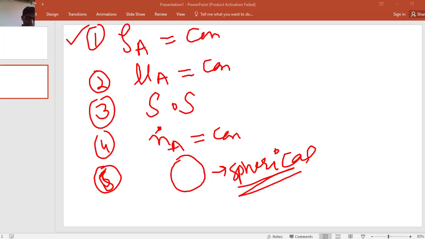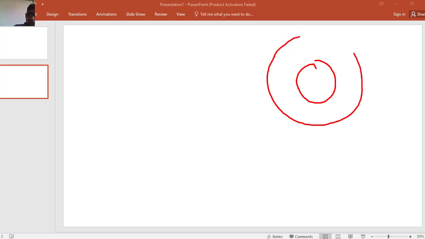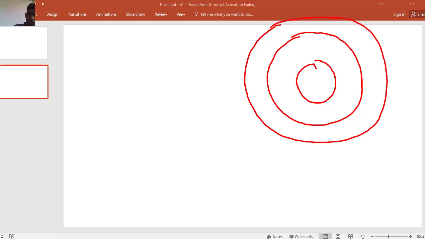So let's see. First of all, suppose this is a spherical water droplet. This is the surrounding air. This water droplet is denoted by A. There are two components in this system: one is the water and the other is air.